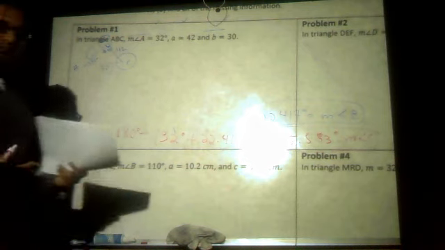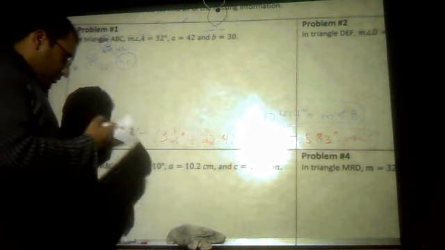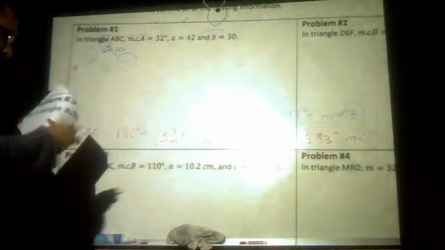I like to use the law of sines sometimes because it's pretty easy. It's a lot easier to use than the law of cosines, which can get a little tricky whenever you're plugging it into your calculator.